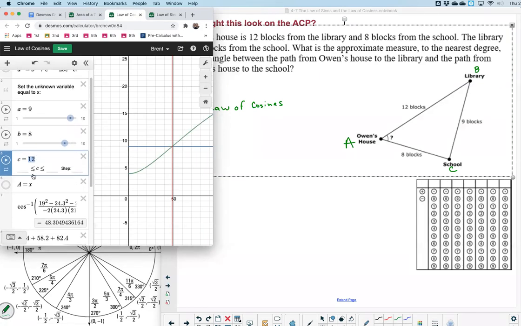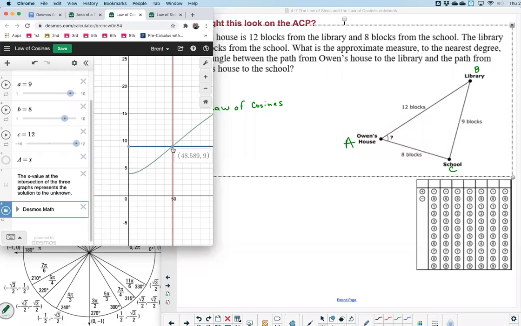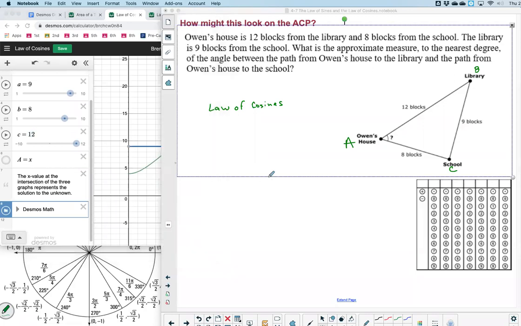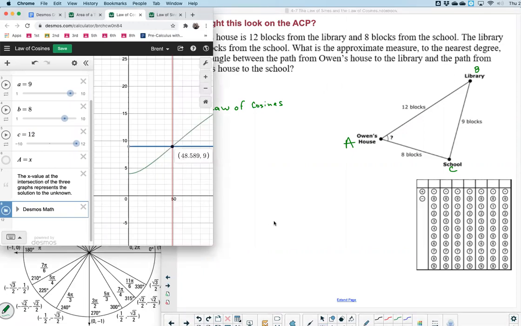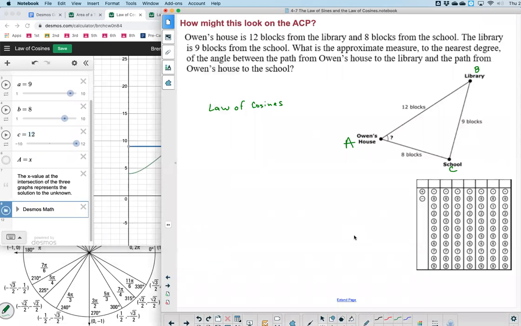I already had those typed in. My answer here would be 48.6 degrees. What am I supposed to round to? It says the nearest degree, so it'd be 49 degrees. When I round to the nearest degree, I get 49 as my solution, 49 degrees.